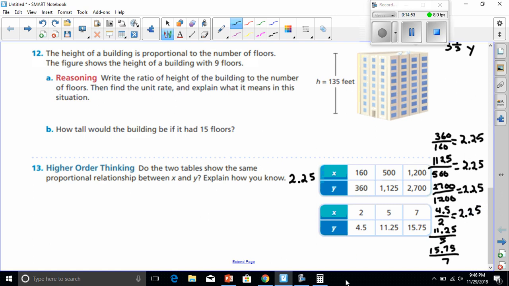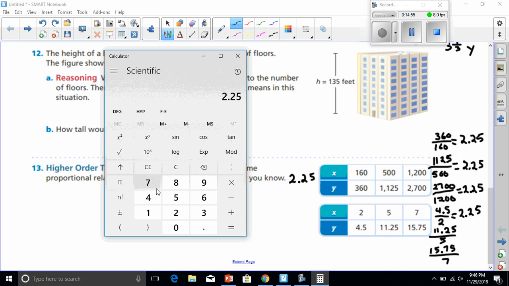And the next one is 11.25 divided by 5, that's 2.25.